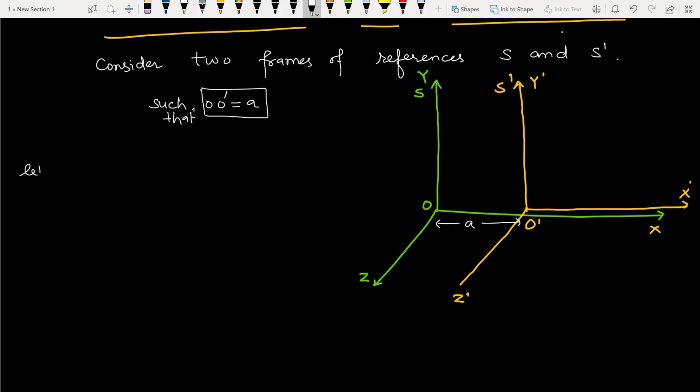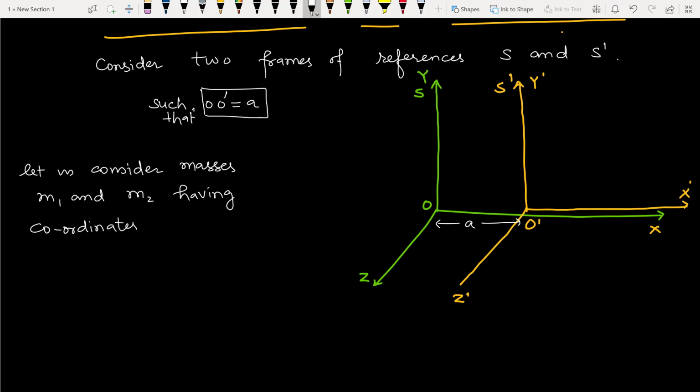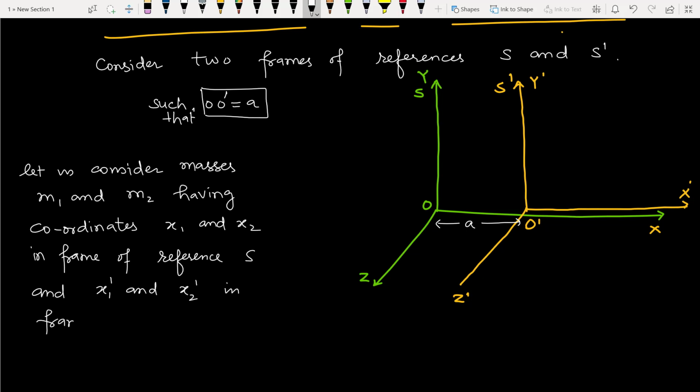So now we consider masses M1 and M2 having coordinates x1 and x2 in frame of reference S, and x1 dash and x2 dash in frame of reference S dash respectively.